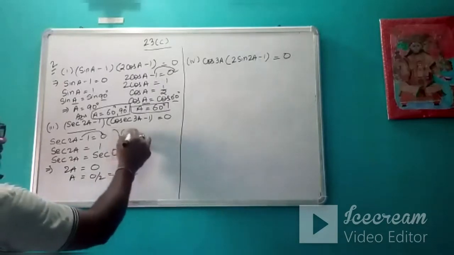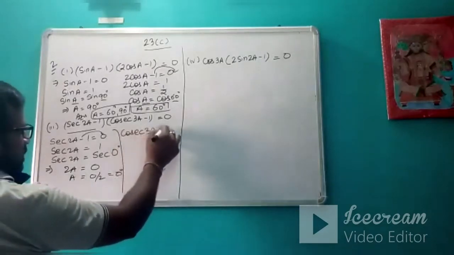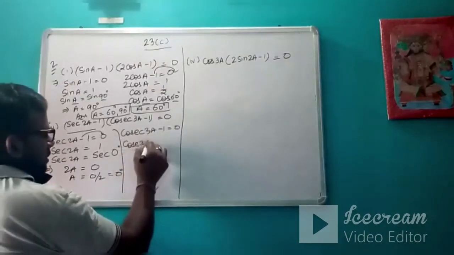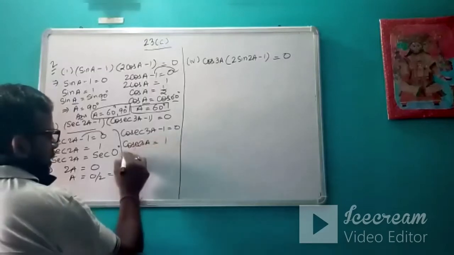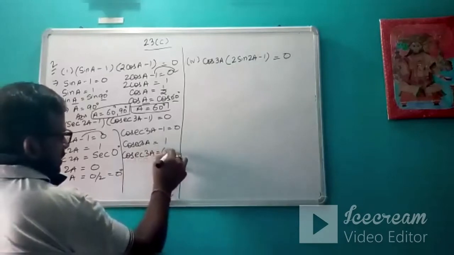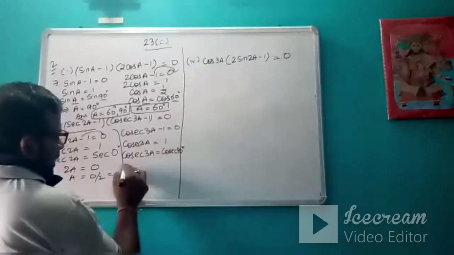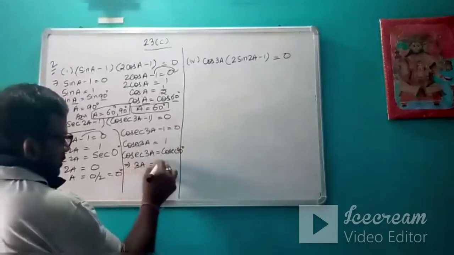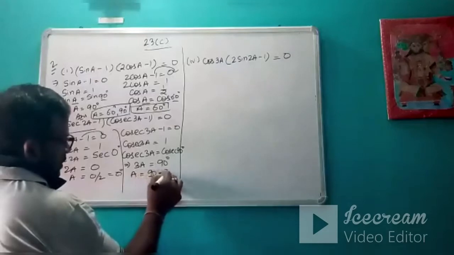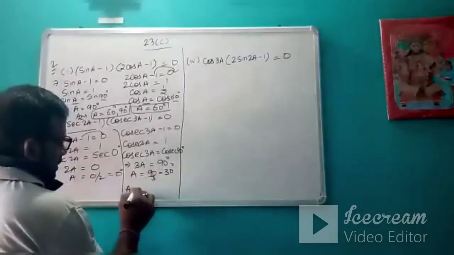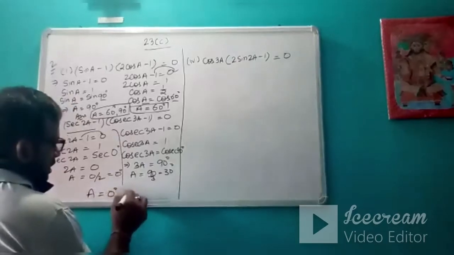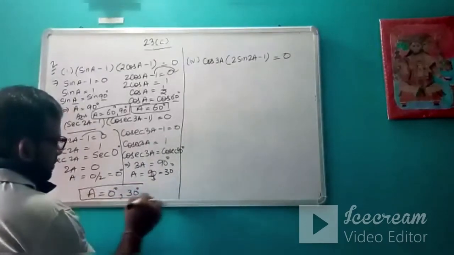Then cosec 3A minus 1 is equal to 0, so cosec 3A is equal to 1. When is cosec 1? When it is 90 degree. That means 3A is equal to 90 degree and A is equal to 30 degree. So our answer will be A is equal to 0 degree and 30 degree.